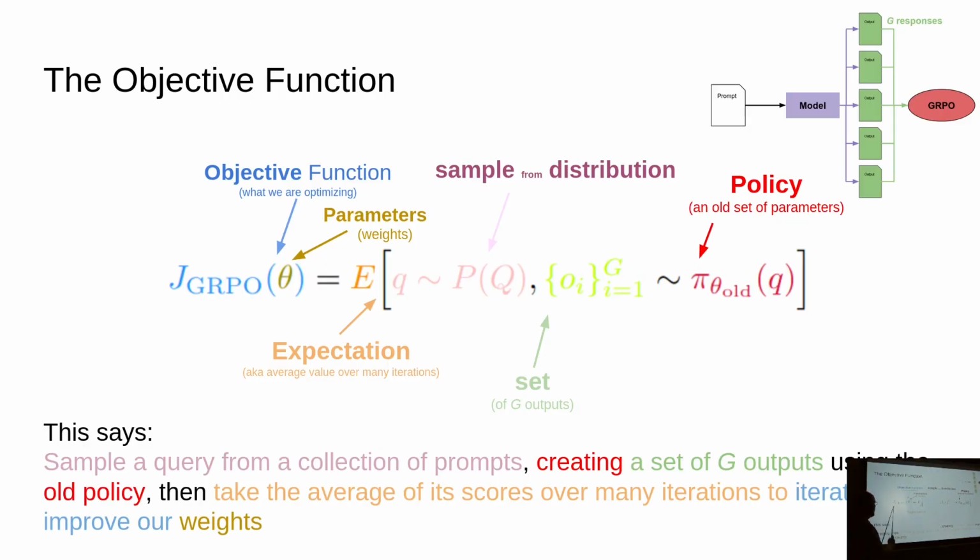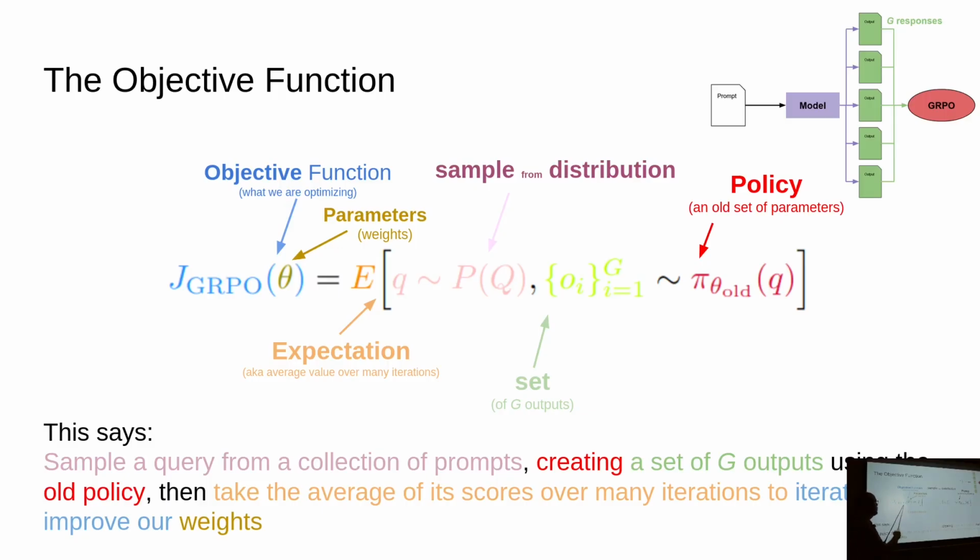But this is basically saying JGRPO, which is the objective function, which is basically the loss function in reinforcement learning land. Where you see objective function, think of it as a loss function. Sometimes you have to do the negative of it because you're maximizing rewards versus minimizing error or loss.